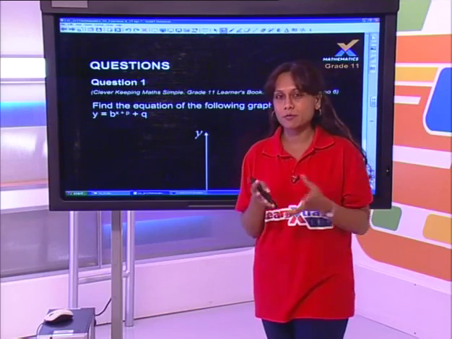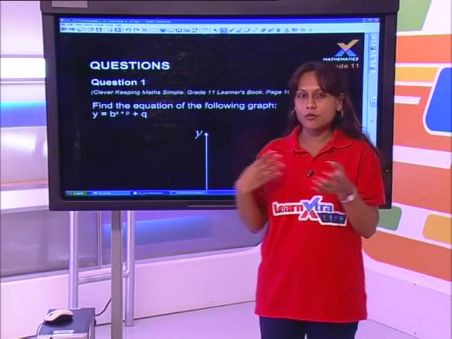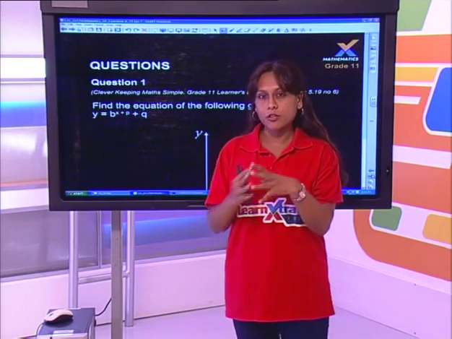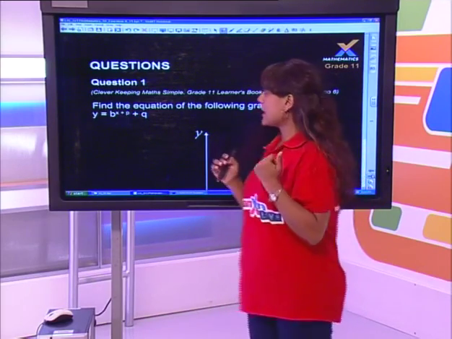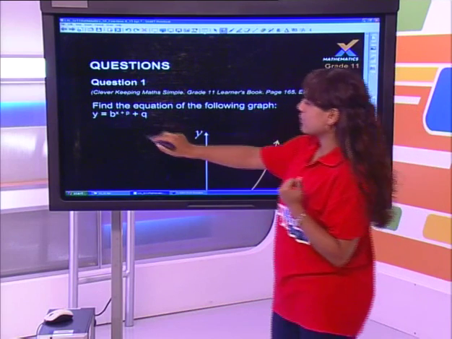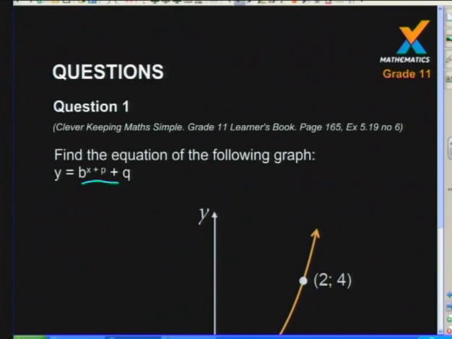Now when it comes to exponential graphs, they can give you a whole number of different scenarios. So I'm not going to do one set method, but generally, remember, the defining equation for an exponential graph is y is equal to a times b to the power x plus p, plus q. See, there are quite a few unknowns here, hey? q is unknown, p is unknown, b is unknown, and a is unknown.